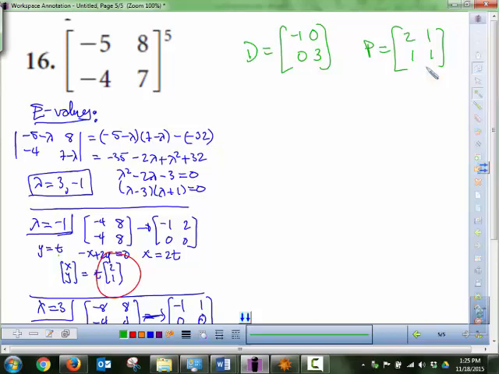And the inverse is 1 over the determinant. The determinant is 2 minus 1, that's just 1, right? Then switch the diagonals, negate the wings. So that's your inverse matrix for P.